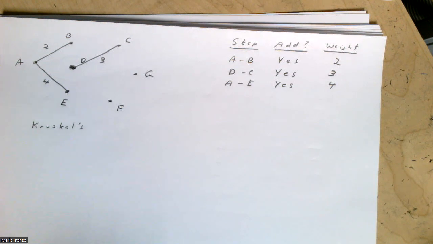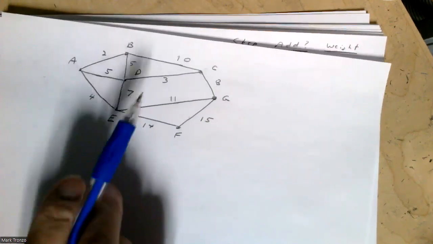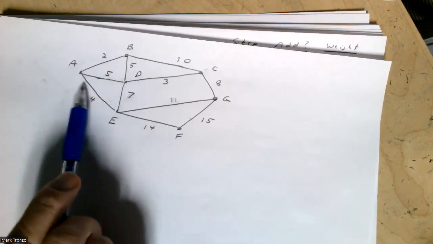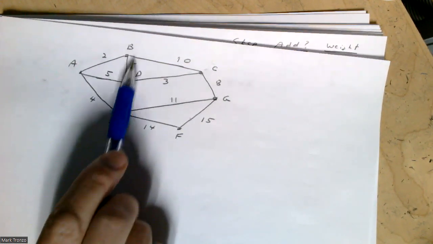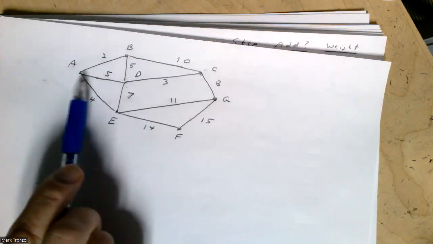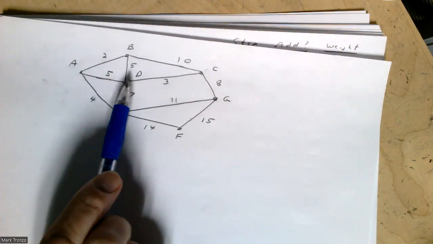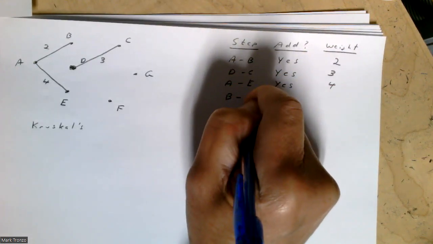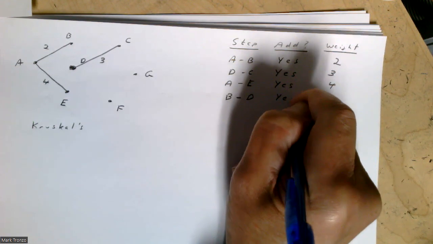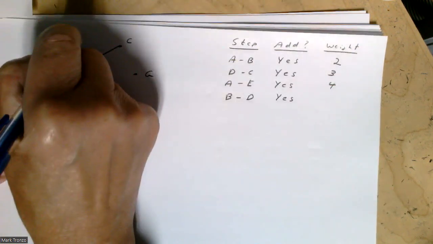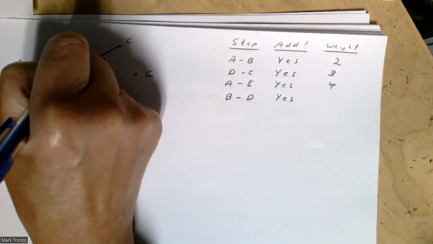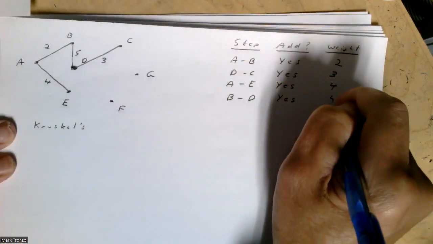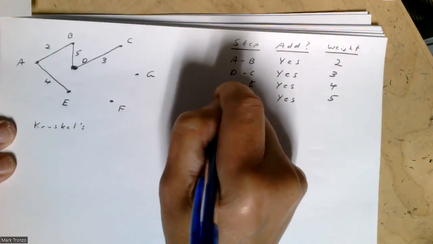And now again, so the last time at this point, when we had a choice between AD and DB, which reached 5, we picked AD. So this time we're going to pick BD. So we're going to put that one in. So let me put a star there.